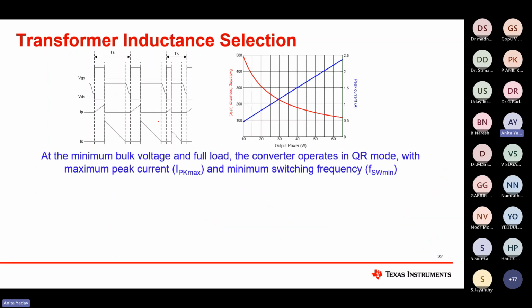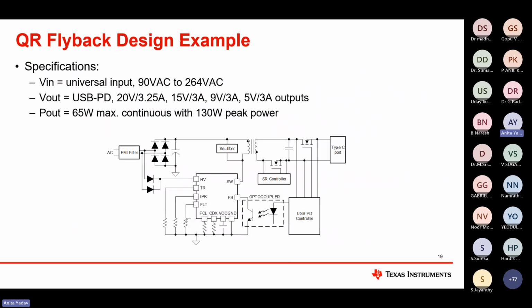Now coming to the second thing, the magnetizing inductance. As discussed earlier, we defined our specs as 90 volt AC to 264 volt AC. To calculate the magnetizing inductance, we will focus on these two numbers. Maximum output is 20 volt, and maximum input is 264 volt AC, which means 264 into root 2, 375 volt DC.